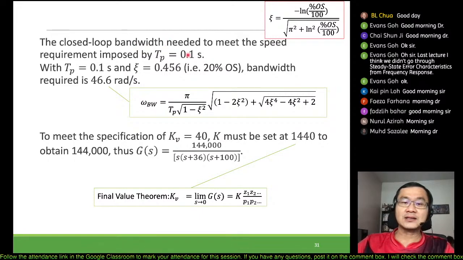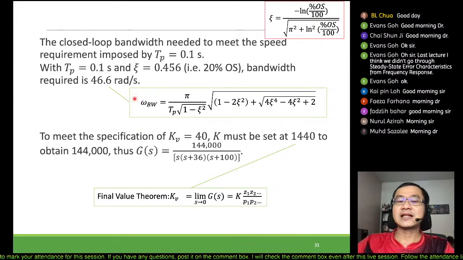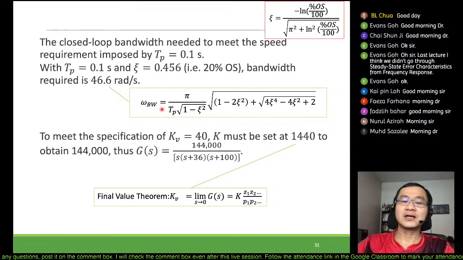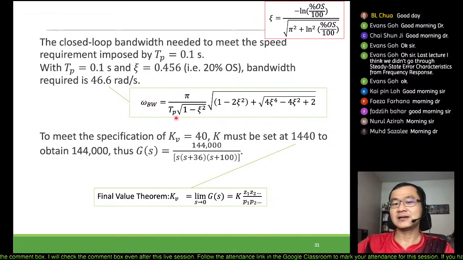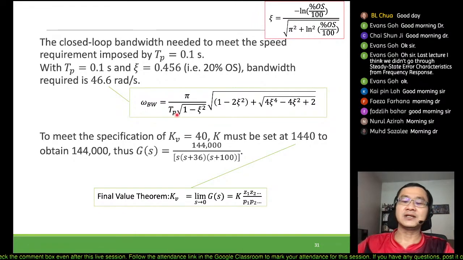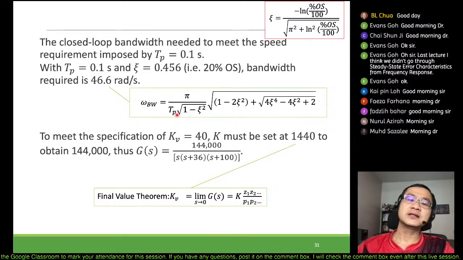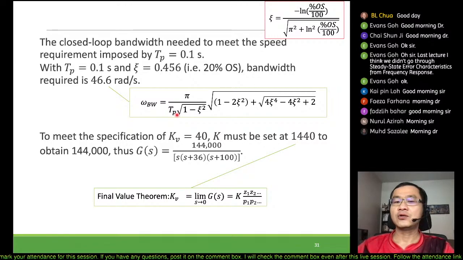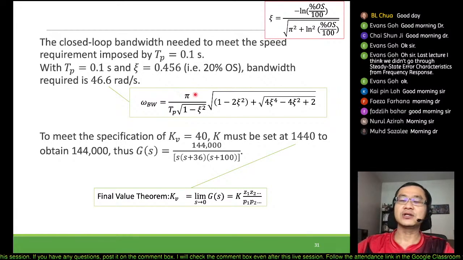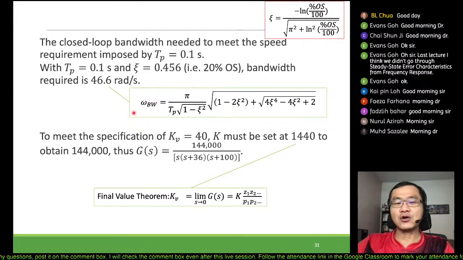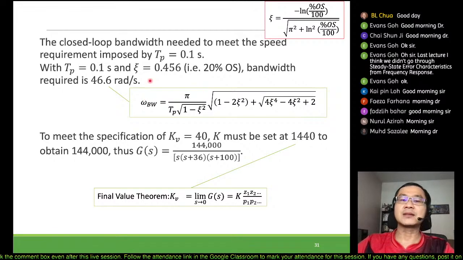So how do we get this? You see this relationship from the previous lessons, which is related to the bandwidth, omega bandwidth. You will notice that there is a Tp. Depending on the characteristic that you want, whether it's Tp or Ts or whatever it is, you have to refer back to the previous lessons on how we relate that to the bandwidth frequency, and try to get the bandwidth required.